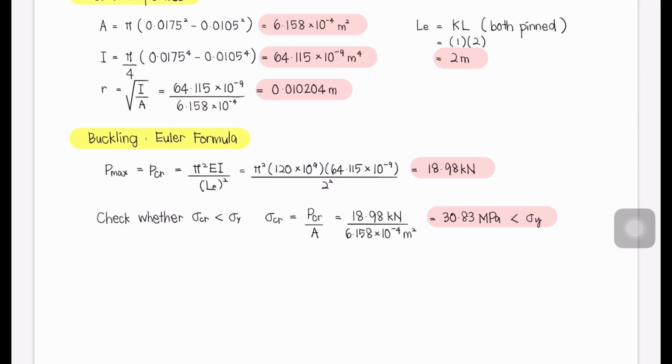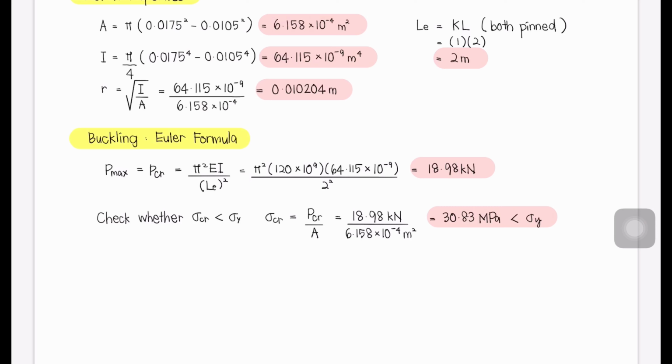After that, you have to identify whether this copper tube will fail due to buckling or not. Refer to the Euler formula: Pmax equals pi squared EI over LE squared.